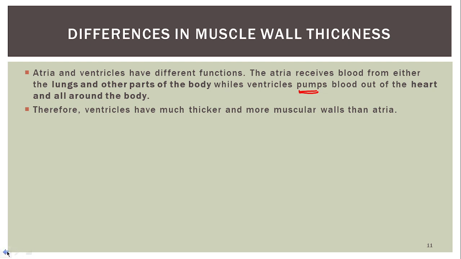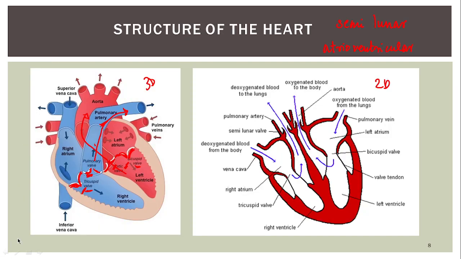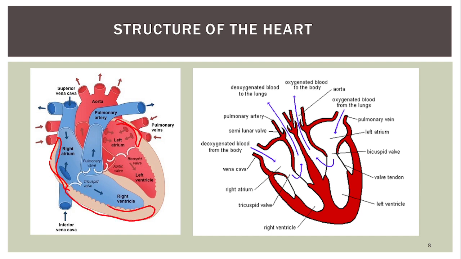Let's go back to the diagram to explain this. Okay, let's clear all the ink. Now, these are the muscles around the atrium, very thin. But then these are the muscles around the ventricles. These are thicker than the muscles around the atriums. Why is that so? Because the atriums are just receiving blood.